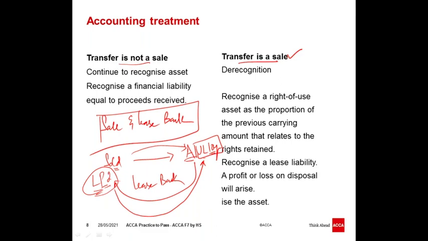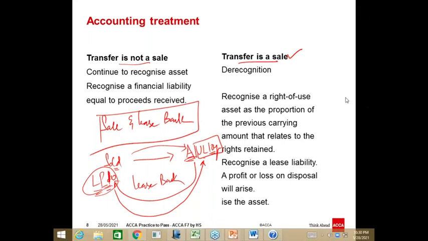But if the lease period is also 10 years, then what does it mean? That we have sold the asset to Mr. A having a useful life of 10 years, but we lease it back for a period of 10 years. Now in this situation, who is enjoying the whole life of the asset? It's actually the seller.